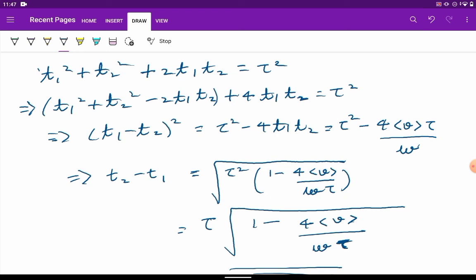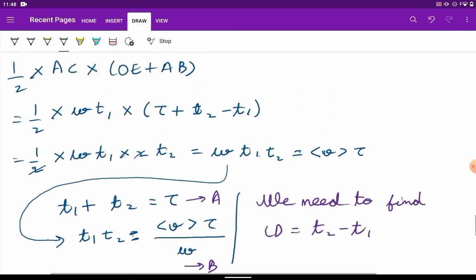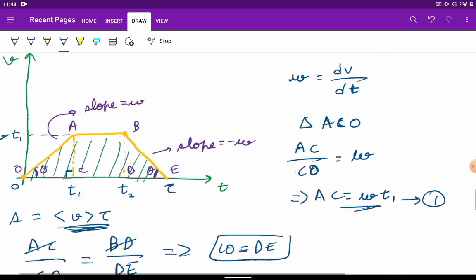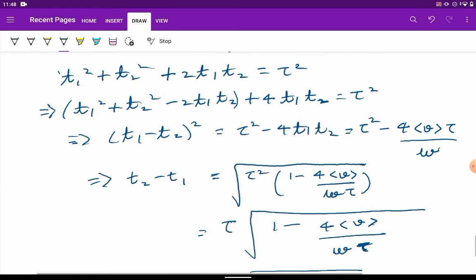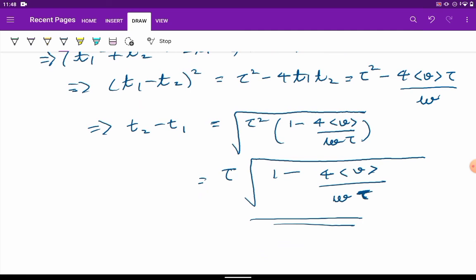T1 minus T2 whole square and T2 minus T1 whole square would be the same, but whenever I take the square root, the output should be positive. And obviously, since T2 is greater than T1, the square root would be T2 minus T1. So that was a mistake. I'm sorry for that. However, T2 minus T1 is the time for which there is uniform velocity. So there you have it. So yeah, thank you.